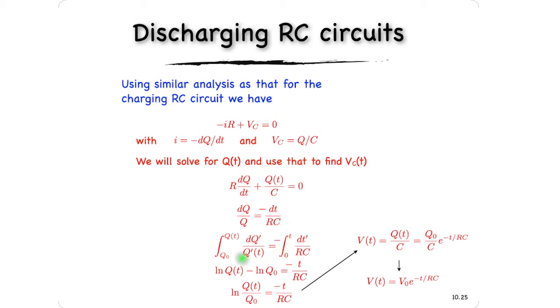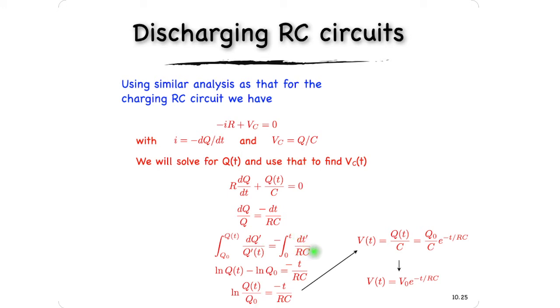So when I integrate both sides, I have dq over q, which is just the natural log of q. And if it starts with a charge of q naught and it ends with a charge of q of t, some unknown charge at some later point in time, the natural log of q of t minus the natural log of q naught is what I get when I do this integral.